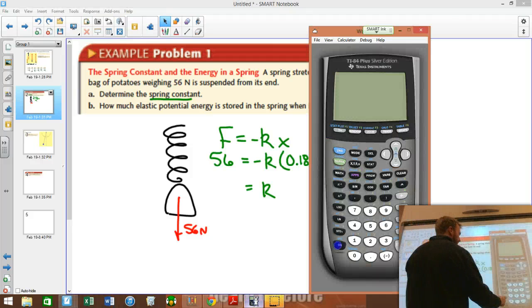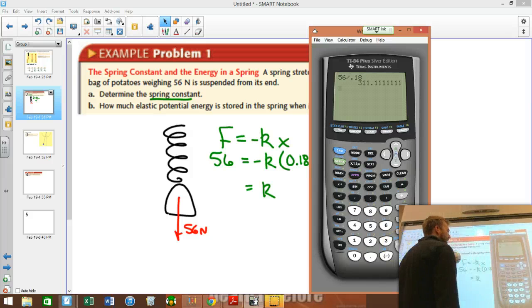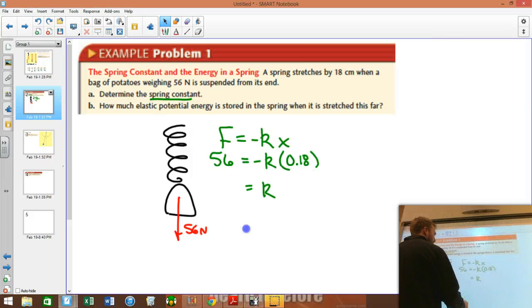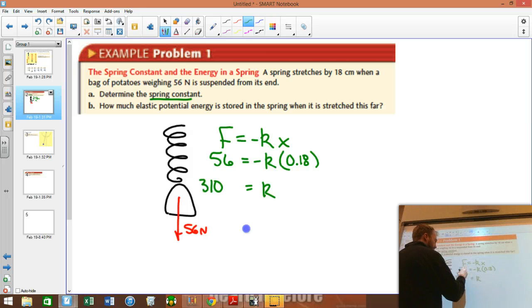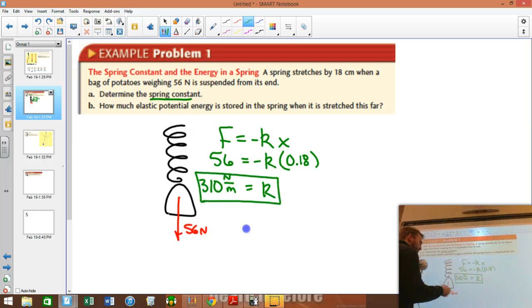If I take 56 divided by 0.18, that's 311 or 310. Now that's newtons per meter. That's how much it takes. If I wanted to stretch this spring right here 1 full meter, I'd have to exert 310 newtons on it.